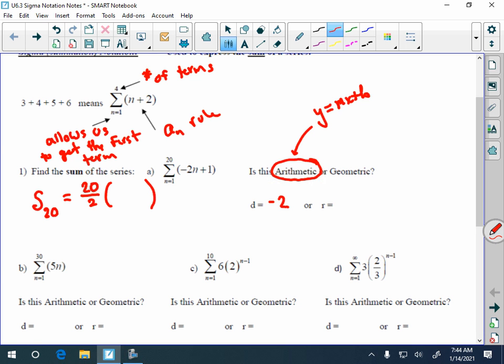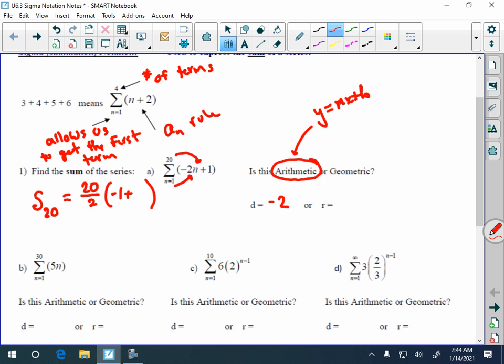Well, to get the first term, all we have to do is take 1 and substitute it in for n, and then simplify it. So negative 2 times 1 is negative 2, plus 1 is negative 1. So the first term is going to be negative 1, plus, now we have to get the last term, or the 20th term. Well, to find the 20th term, we take the top number and plug it in for n.